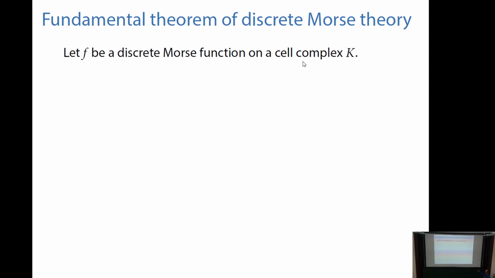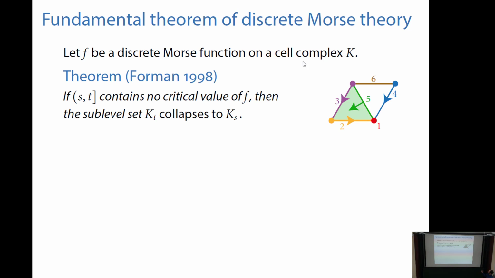The main use for discrete Morse theory is describing homotopy equivalences combinatorially. If we have a discrete Morse function and a range of values that doesn't hit any critical value, let's take the example of the range from 2 to 5, then you can see that the sublevel set for level 5 collapses to the sublevel set for 2.